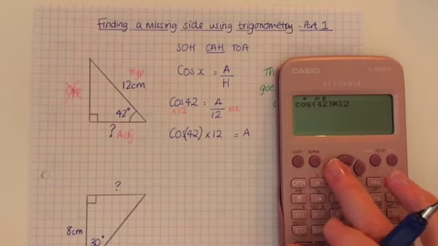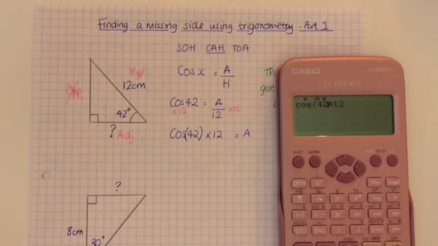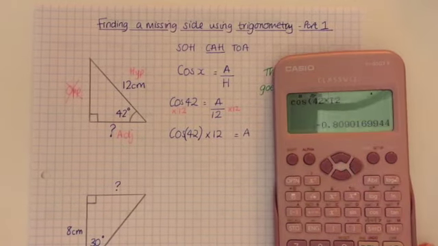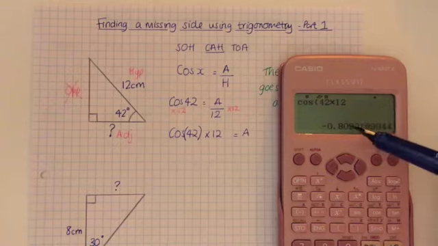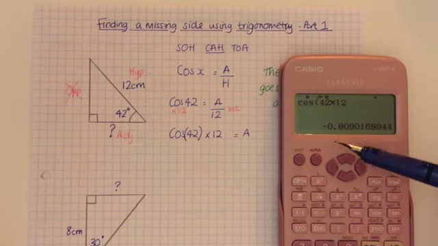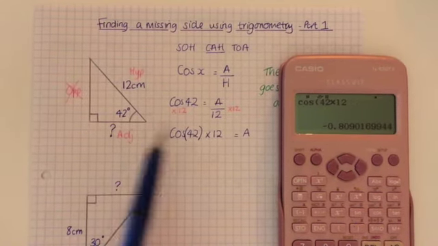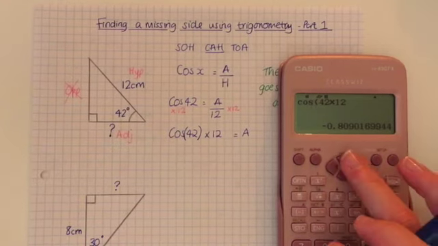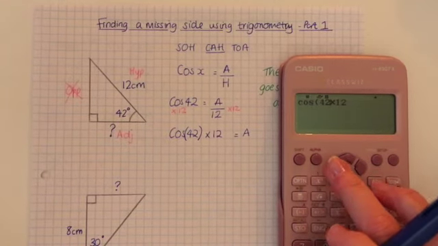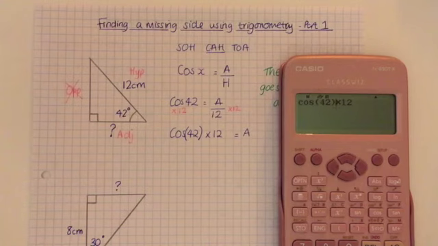If I don't close the bracket, what I get is a very strange number, and what you should realise is that that isn't right, because you can't have the length of a side as a negative number. So if I come back into here and I put my bracket in, hopefully it'll make more sense. That's much better, isn't it?